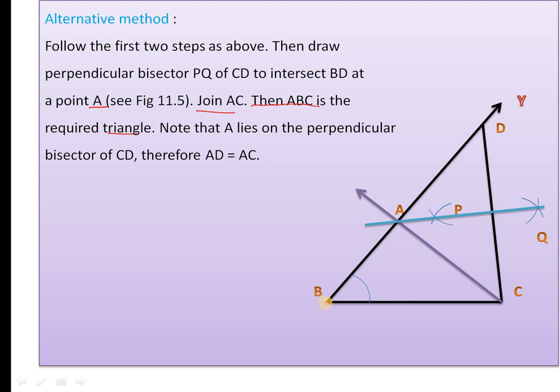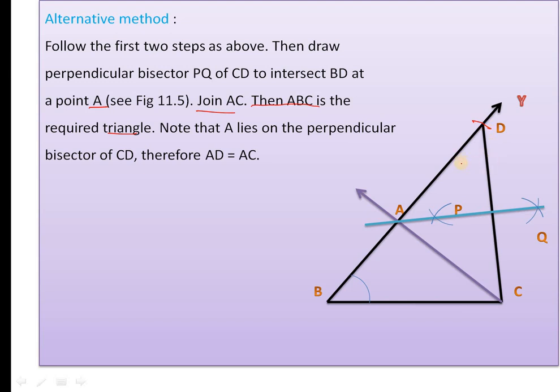First, we draw the line segment, the base BC, and make angle XBC at point B. Then the line segment BD on ray BX, and join CD.